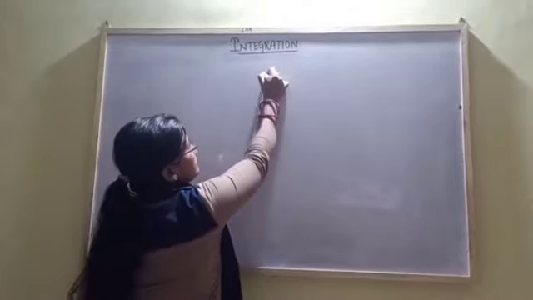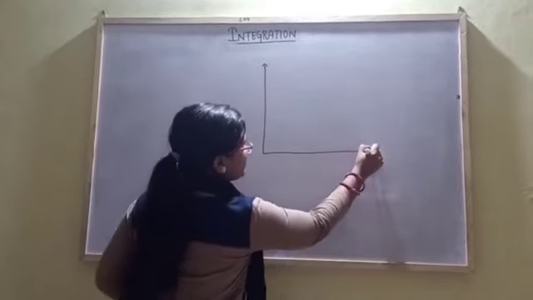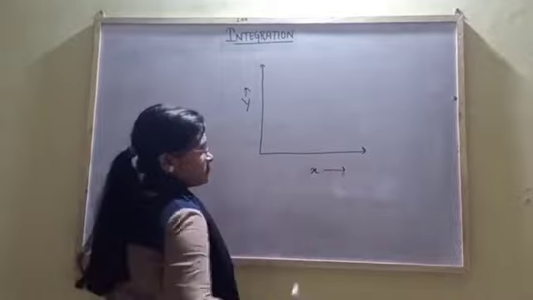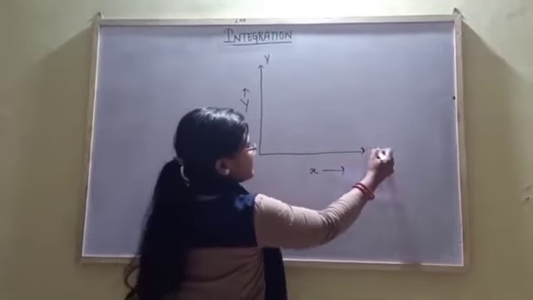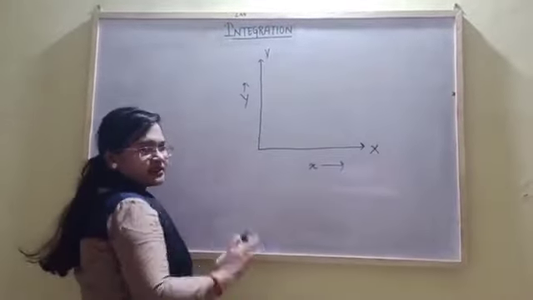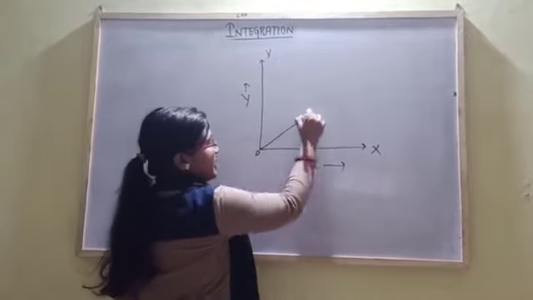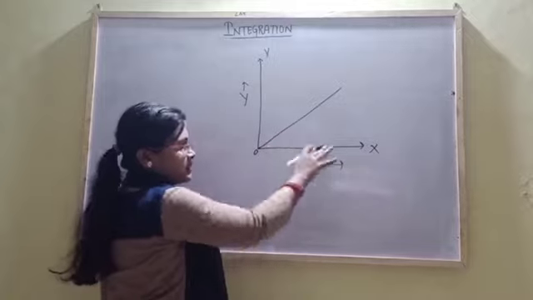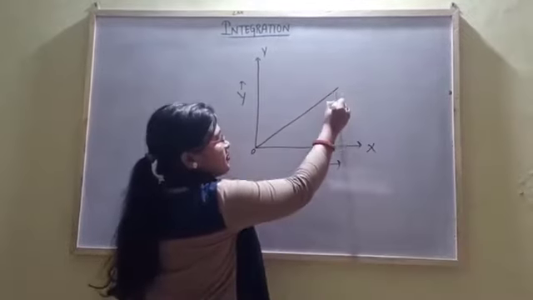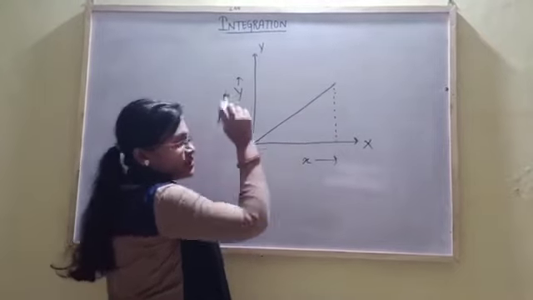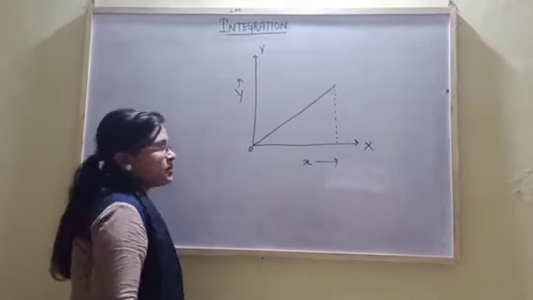Consider a y versus x graph. Okay, this is the y axis, this is the x axis. X and y are some quantities, this is the origin, and I have asked you to find the area under this graph. You can easily find the area of this triangle using the area of triangle formula.